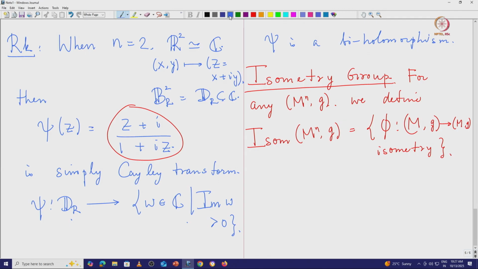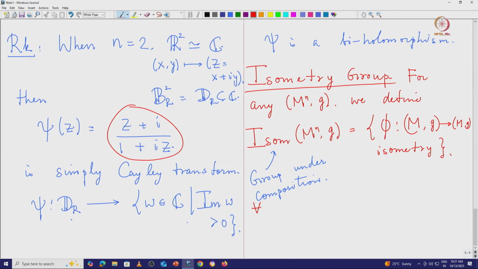Okay, so clearly this forms a group under composition. Okay, that's easy to check.